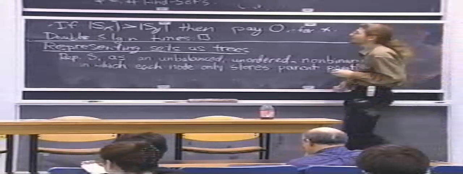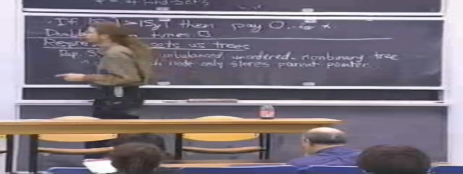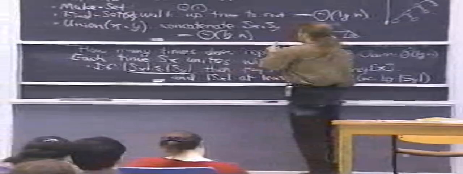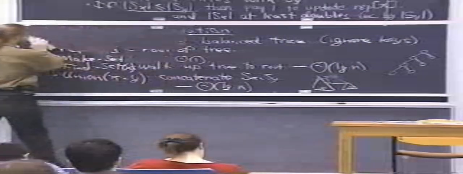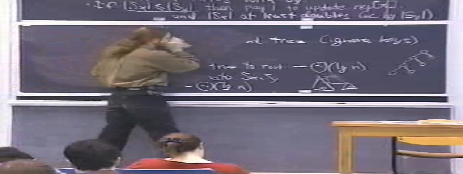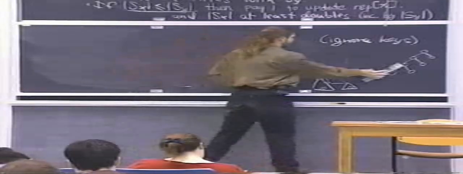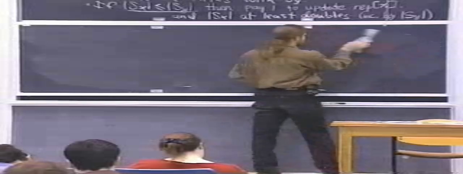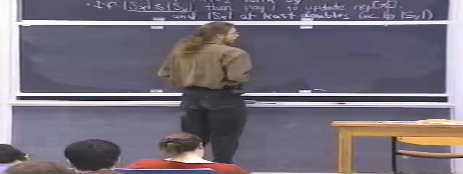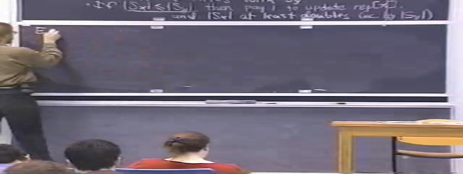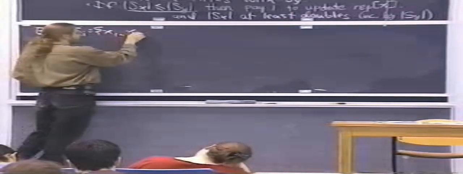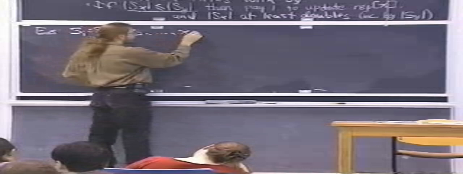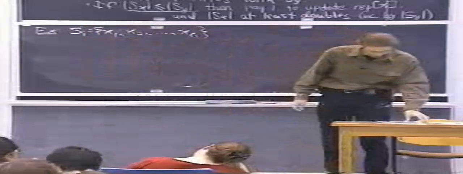Actually, I'm going to want trick 1, so I'll go somewhere else. Let's get rid of this old tree solution. So let's suppose I have some set Si, and it has 6 elements. I'll just match the notes here.